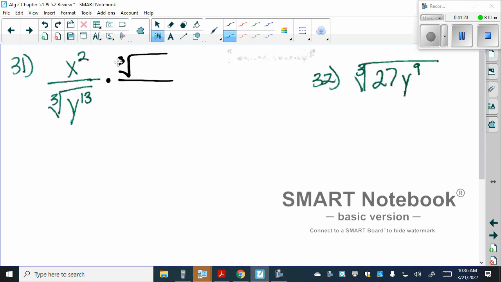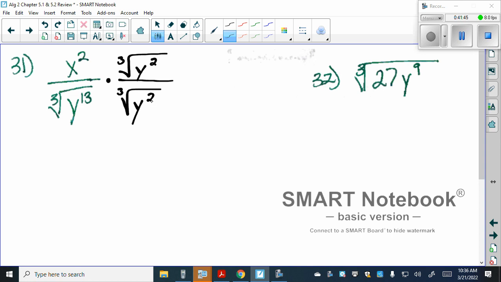So we're still going to use the cubed roots. We're still going to have y squared. Because again, we're looking for the next number after 13 that is divisible by 3, and that would be 15. Because 15 divided by 3 would give us 5.